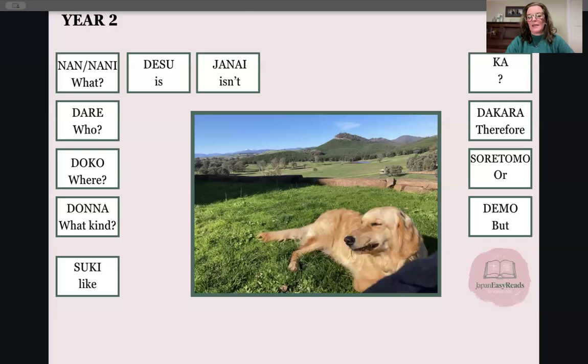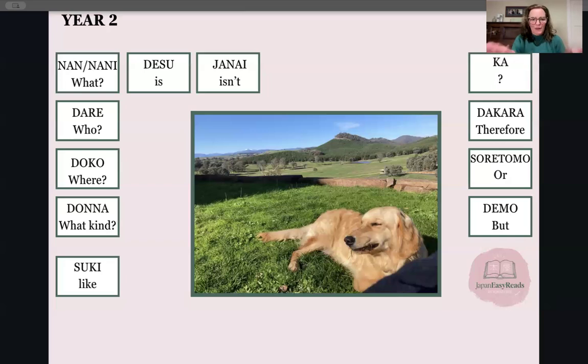So nan desu ka? And then another fabulous thing that has really helped me when the response back from the students has been a little bit, maybe they're still processing or they might be nervous, is to give an either or response so that they don't have to come up with the word.